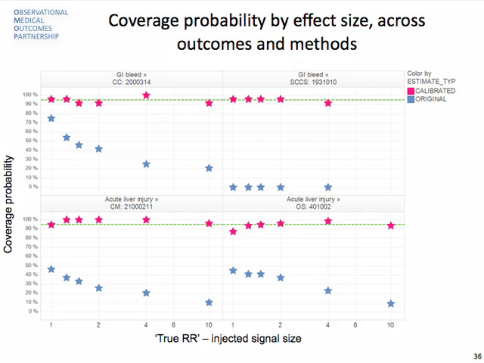No matter which method, no matter which database, no matter which outcome, if we first measure empirically the bias and the variance that exist prior to calibration, we can integrate that information into our calibrated estimates. Across all databases, all methods, and all outcomes, we are able to get coverage probabilities that are basically right around 95%.